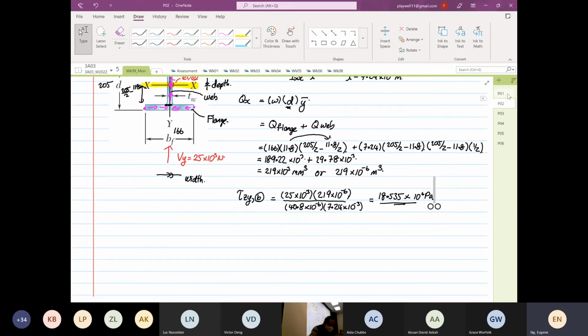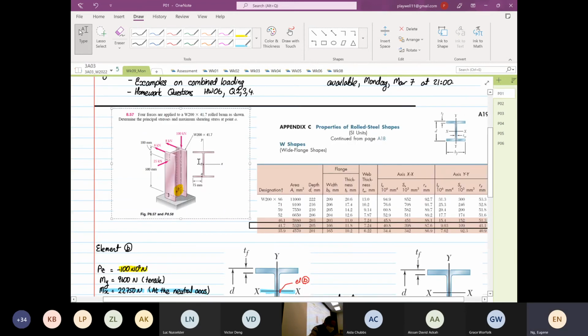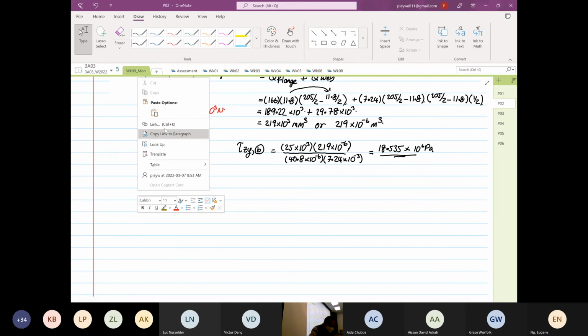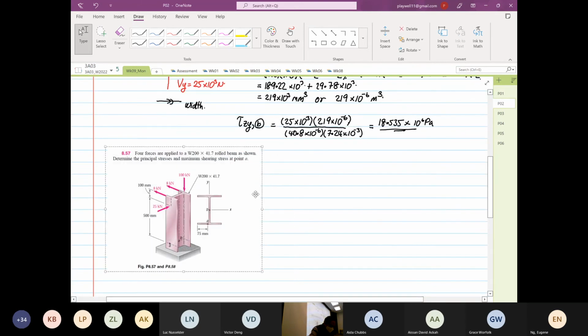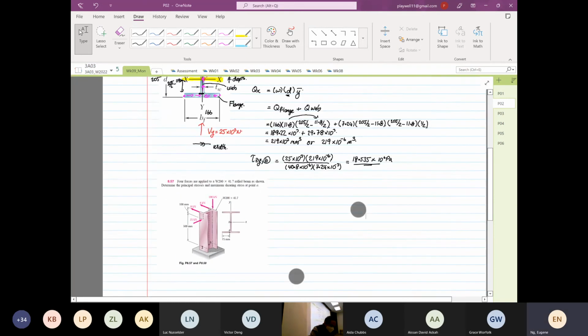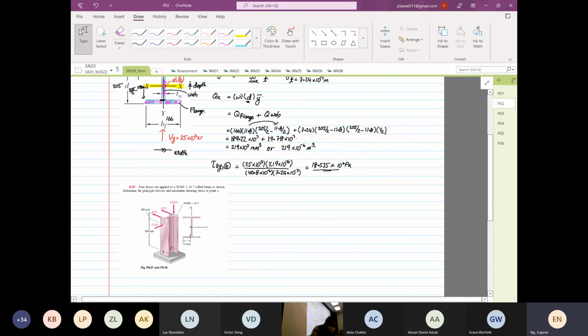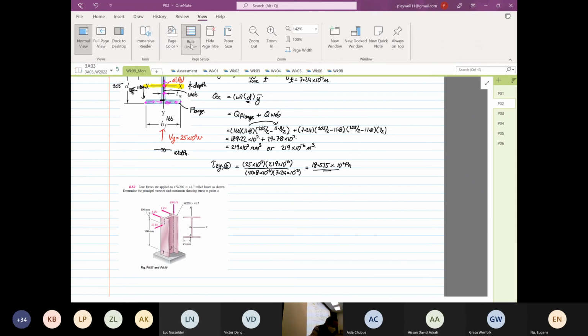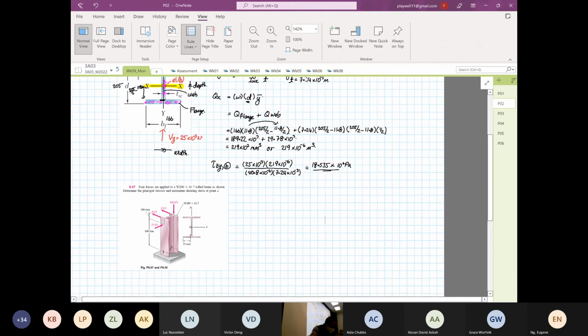Okay. So now we have to draw the element. So let me copy the entire structure. First, I do apologize. Hold on. I'll come back. Okay. So we're going to draw the element at point B. So I'm going to sketch the element.